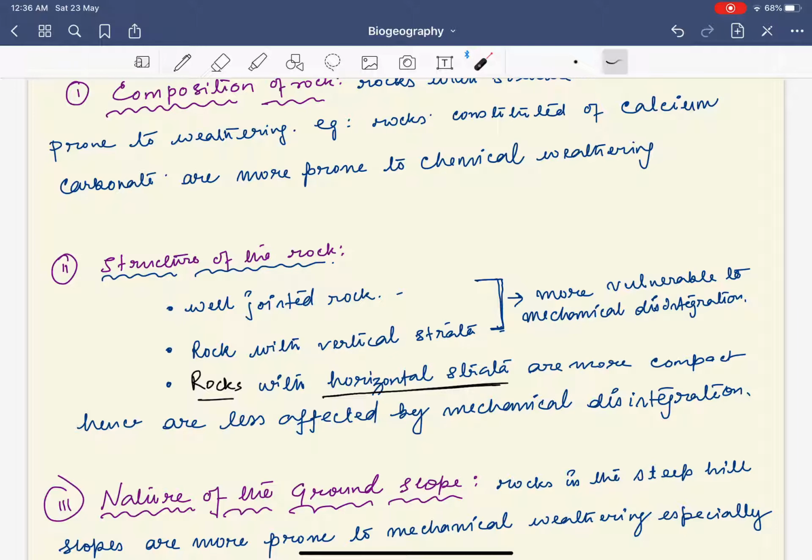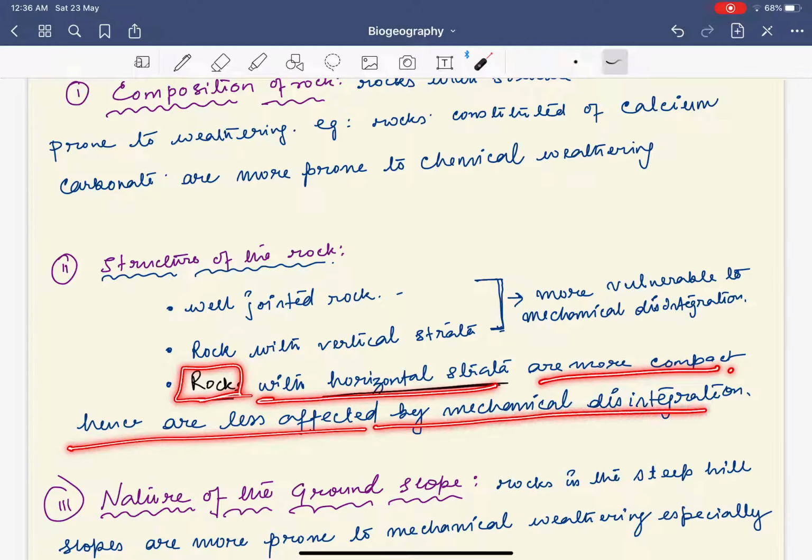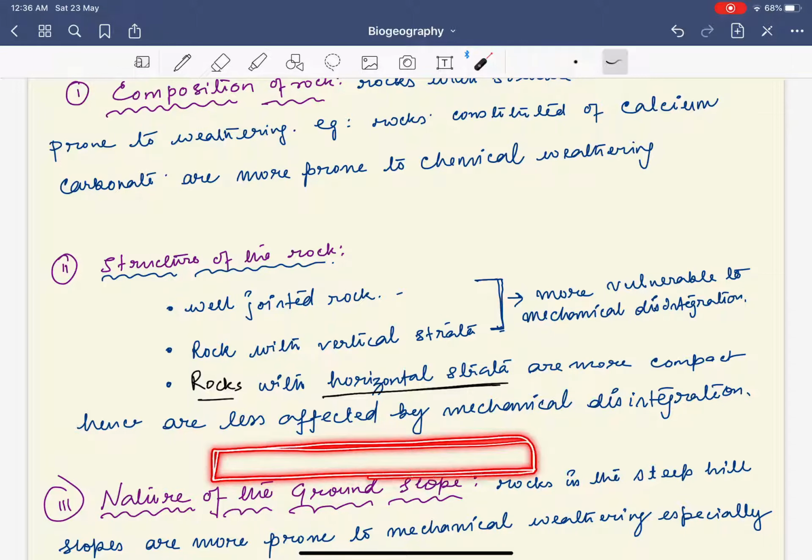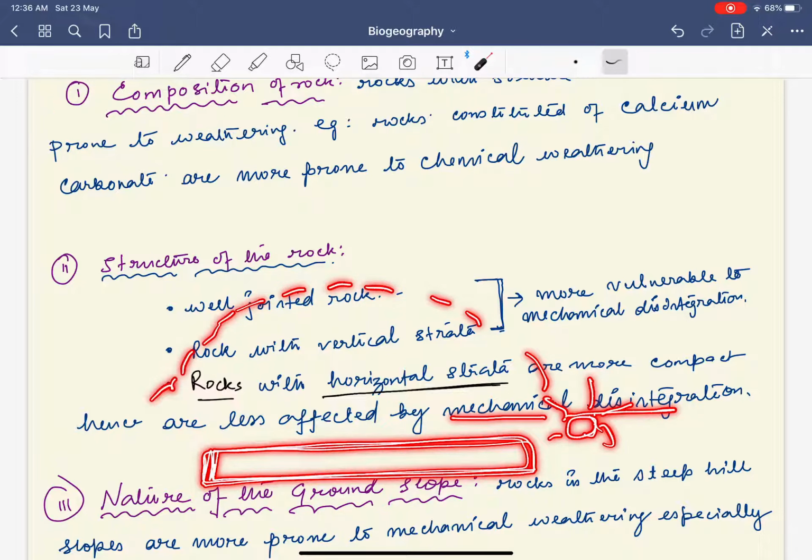Next, it says that rocks with horizontal strata are more compact, hence are less affected by mechanical disintegration. This is called a horizontal structure. When the rocks are of horizontal structure, they are less subjected to mechanical disintegration. Why? Let's consider again the sun rising in the east and setting in the west.